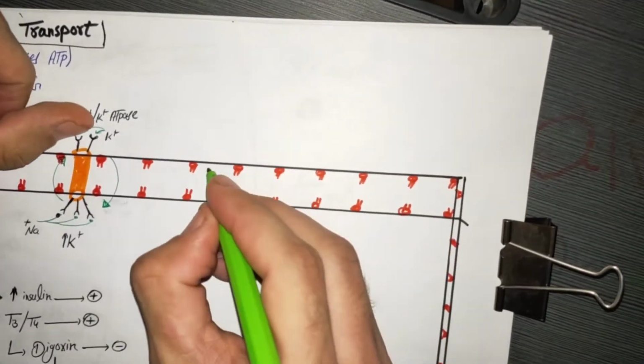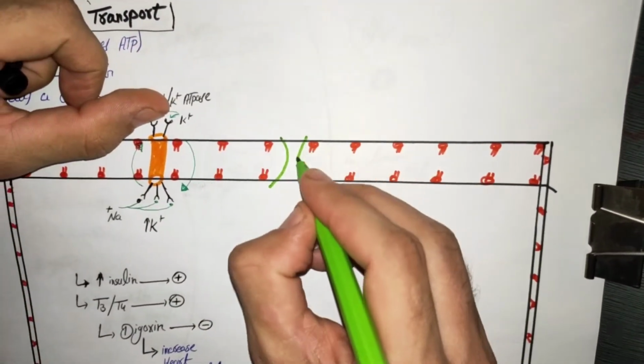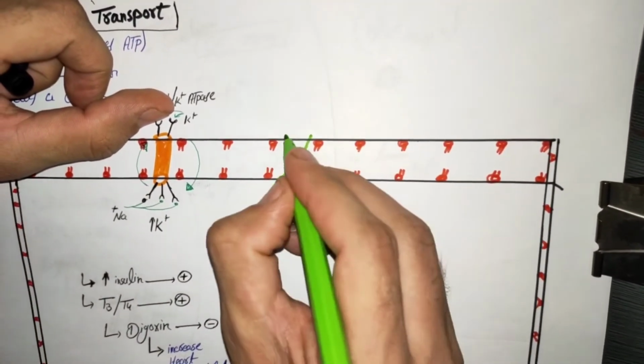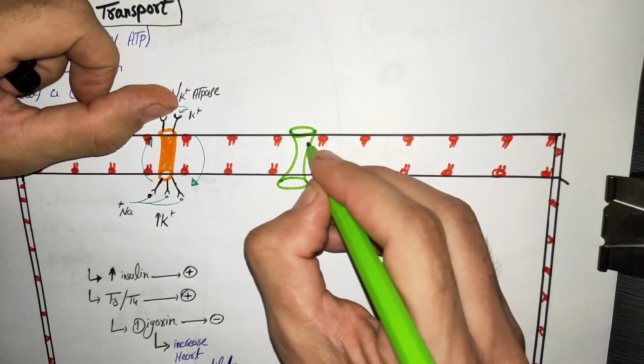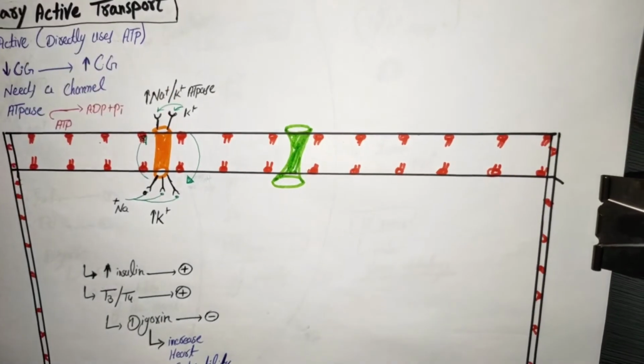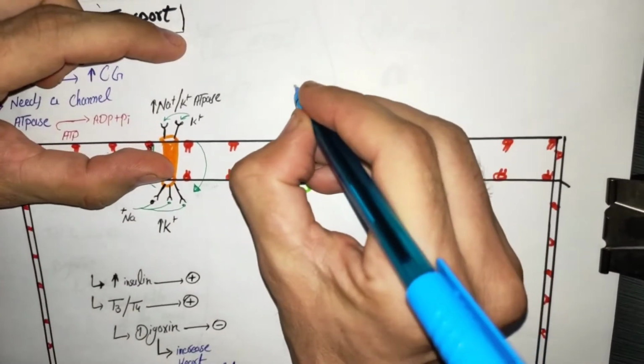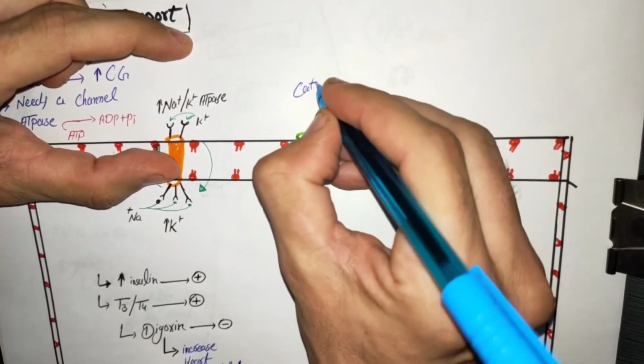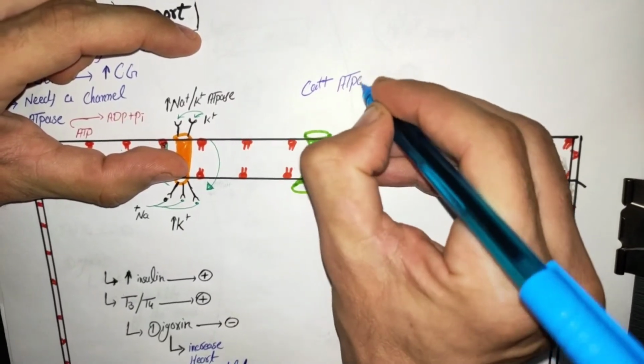The next channel has a specific name, calcium ATPase channel.